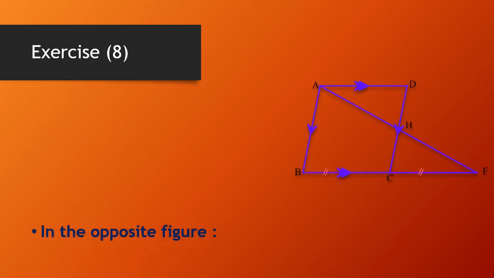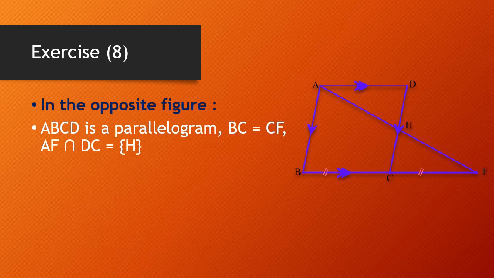Exercise 8. In the opposite figure, ABCD is a parallelogram, and BC equals CF, so C is a midpoint of BF, and AF intersects CD at H. Prove that AH equals FH.